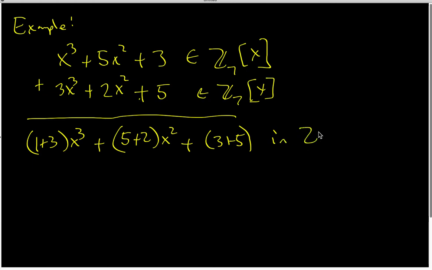But this has to be inside Z7 square bracket x, so I have to do the addition mod 7. So that means I need to reduce each of these things mod 7.